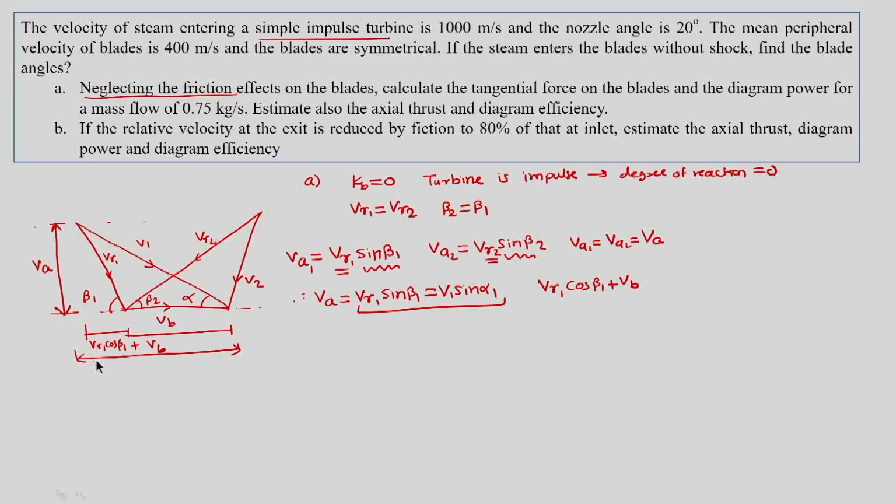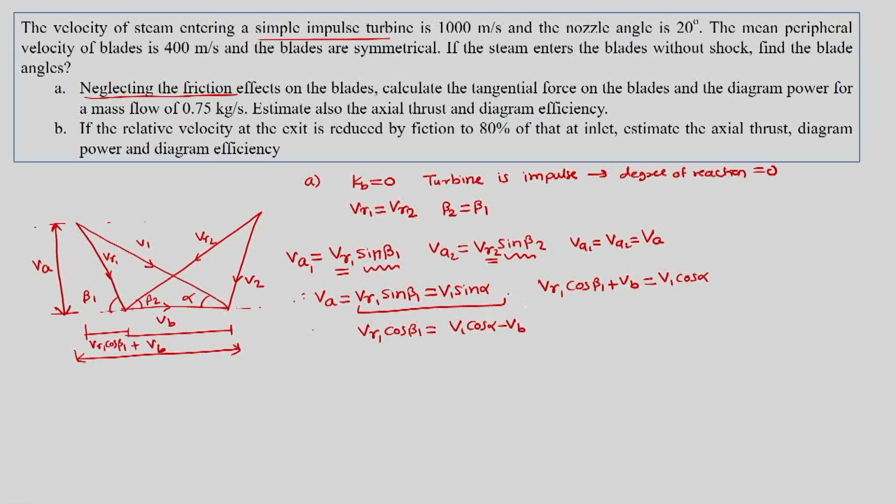So, for this plus we have equal to V1 cos alpha. So, we have VR1 cos beta 1 is equal to V1 cos alpha minus Vb.